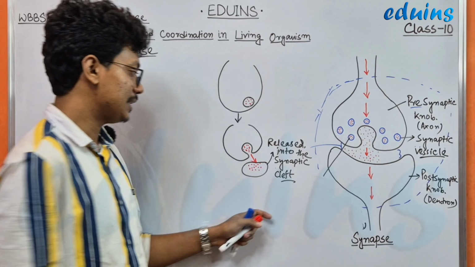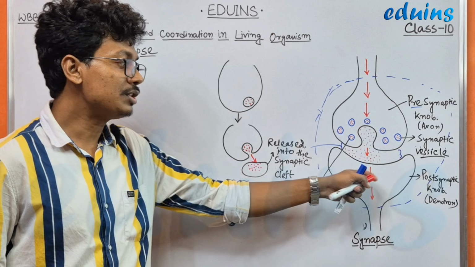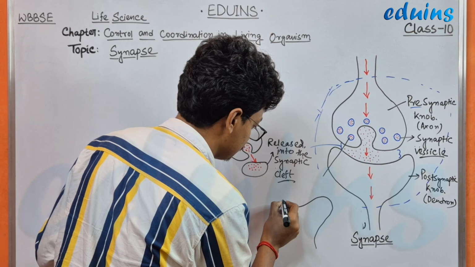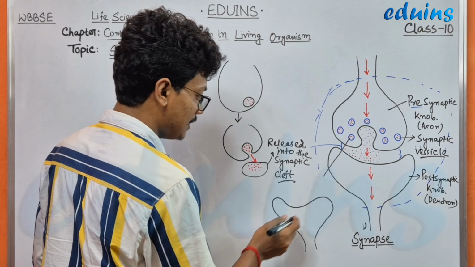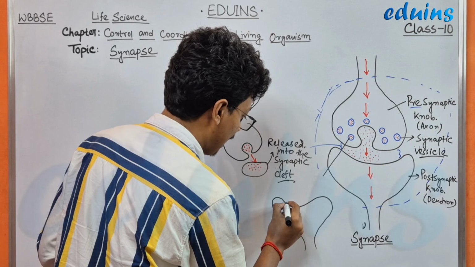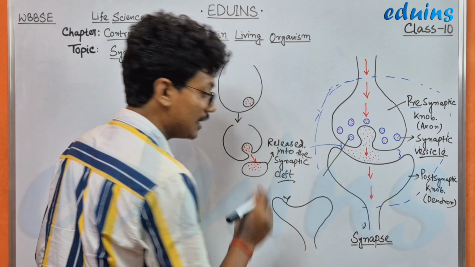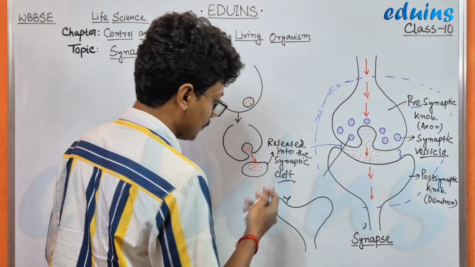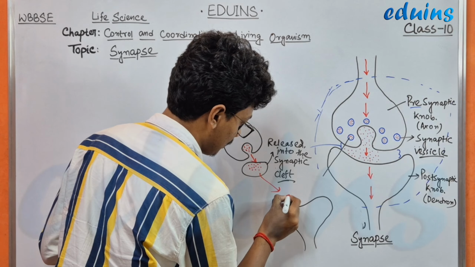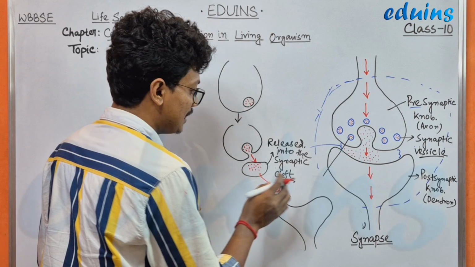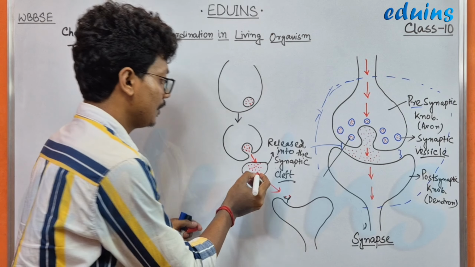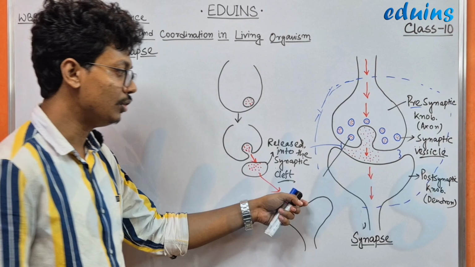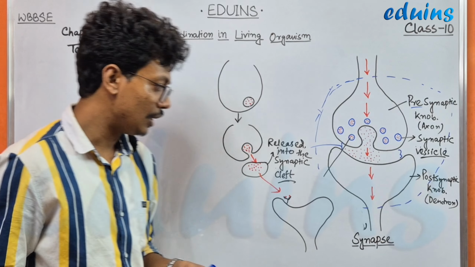When it is released into the synaptic cleft, in the postsynaptic nerve there are some receptors. The neurotransmitter gets attached to the receptor molecule of the postsynaptic nerve.